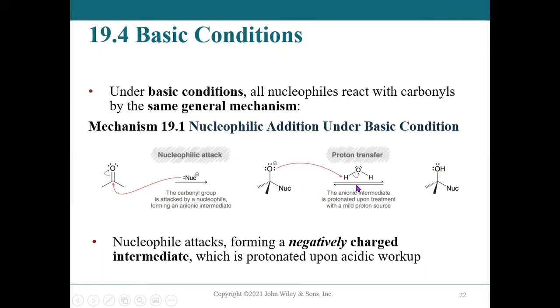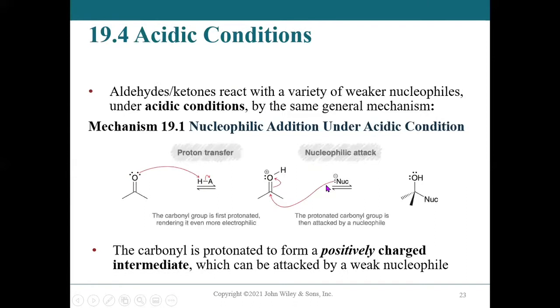Then the second step is the proton transfer. The ionic intermediate is protonated upon treatment with a mild proton source, for example water. The nucleophile attacks forming a negatively charged intermediate, which is protonated upon acidic work-up. So this is the summary of the two-step mechanism.